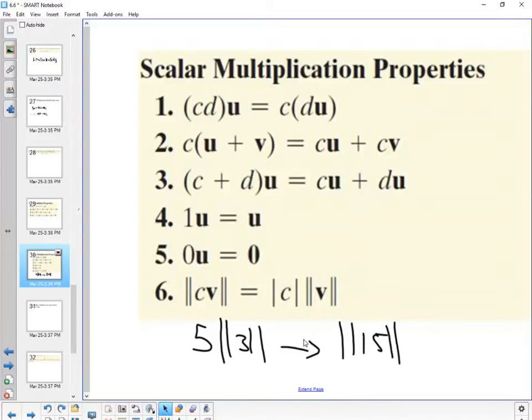How come the absolute value of c? Because you're just making it 5 times bigger. It could be in the negative direction, but you're just making it 5 times bigger. So if it was -5, your vector should be negative if it's going to be negative, right? What's inside of this one might be negative, but if we're going to make it 5 times bigger, then that would just be positive.